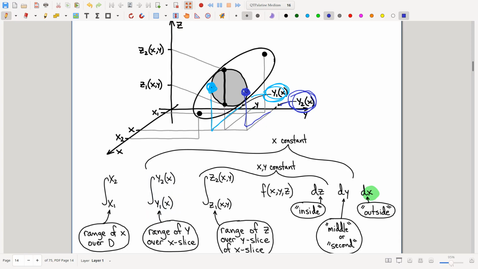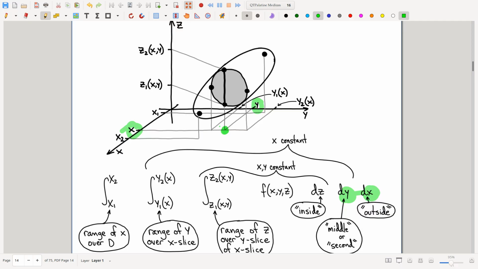Okay. So now again, we fix a value of y, and here's the thing, we already fixed a value of x. So in addition to having fixed a value of x, we're now also going to fix a value of y. It's like we're picking a point in the xy plane, a point sort of in the shadow, in the projection.